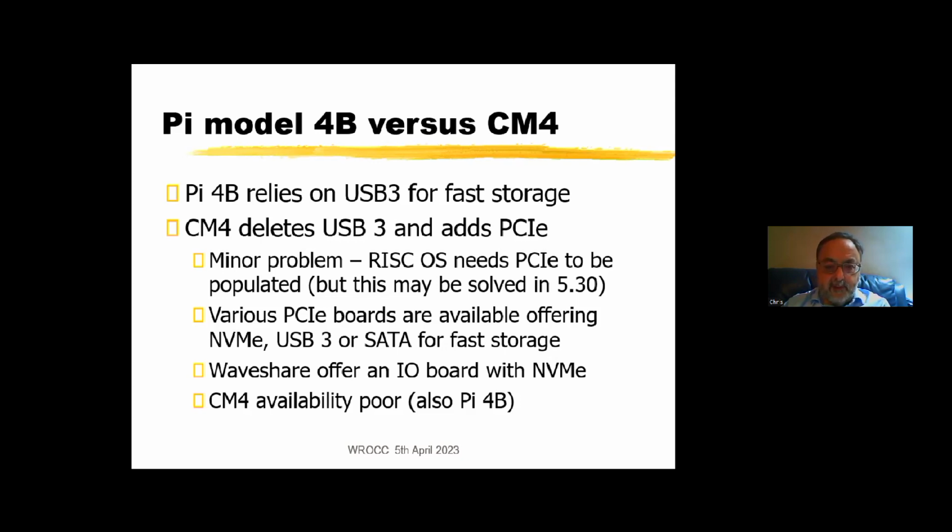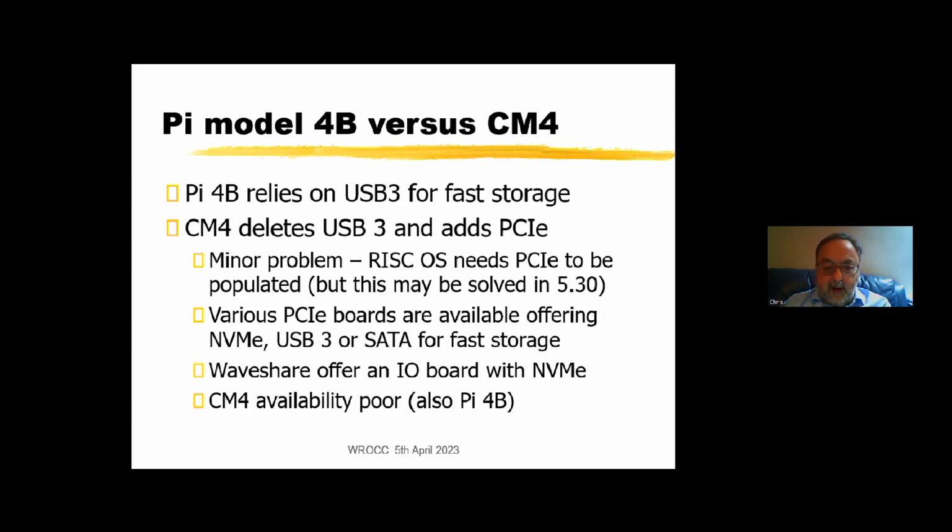There are various boards available to slot onto the I/O board's PCI Express socket with all sorts of different types of storage sockets: NVMe, USB 3 sockets, SATA sockets that allow fast storage. But of these, RISC OS can use the USB 3 at USB 2 speeds, and it can use the SATA, but it can't use NVMe at the moment.